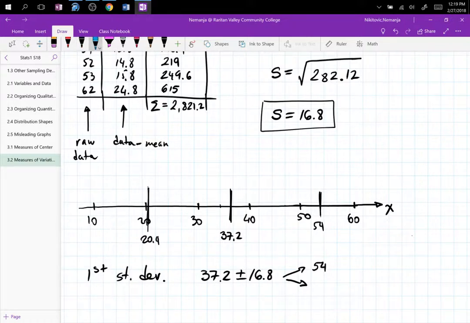This over here is the first standard deviation.